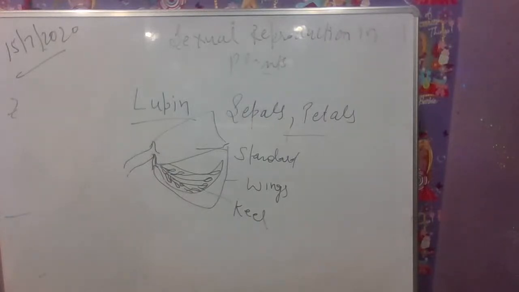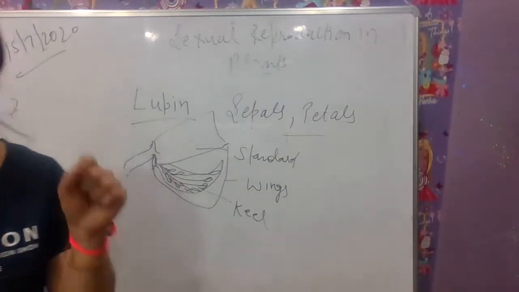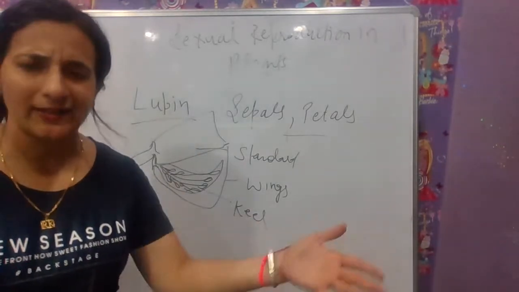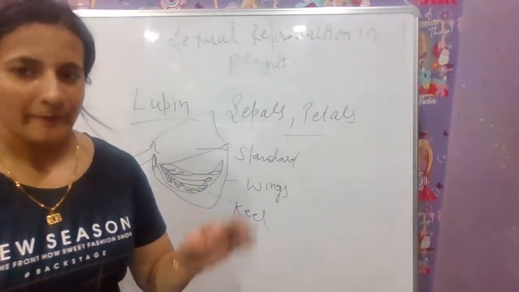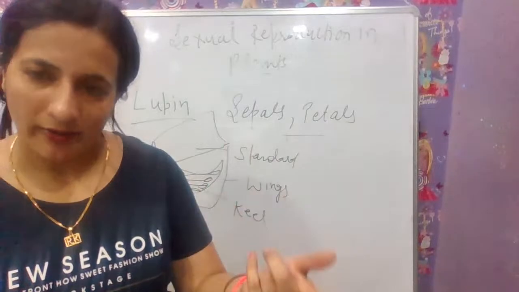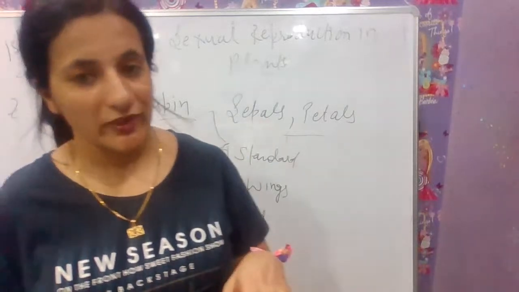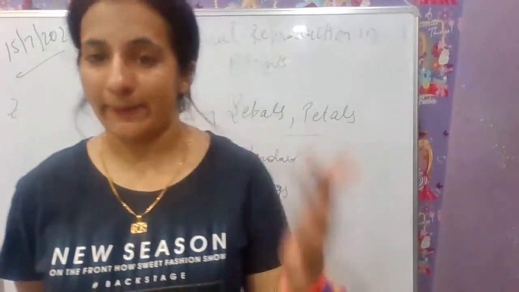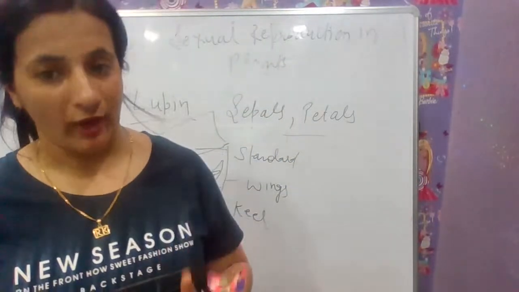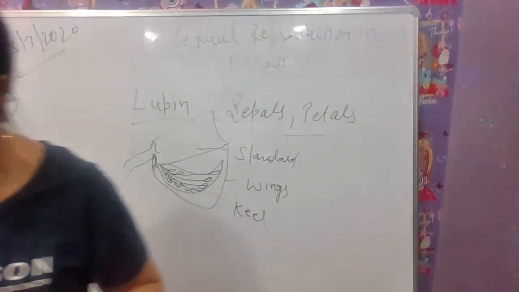Dark lines present also help the insects to find and take the nectar. If there is a question on what kind of adaptation they have so that pollination can take place, I already discussed the characters of insect pollinated flowers, and you have to just write those characters. If the question is how wind pollinated flowers are adapted for pollination, I discussed the characters of wind pollinated flowers, and you have to write those characters.